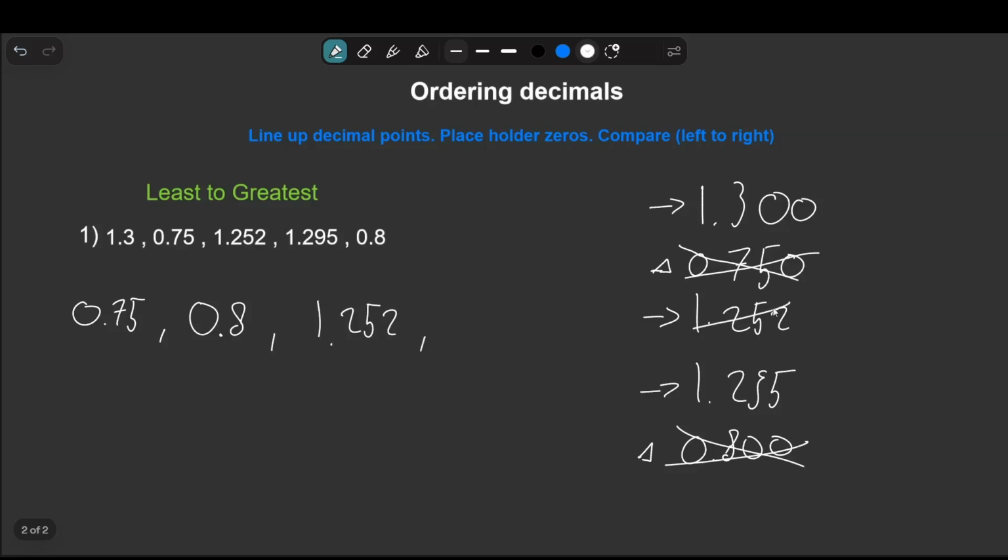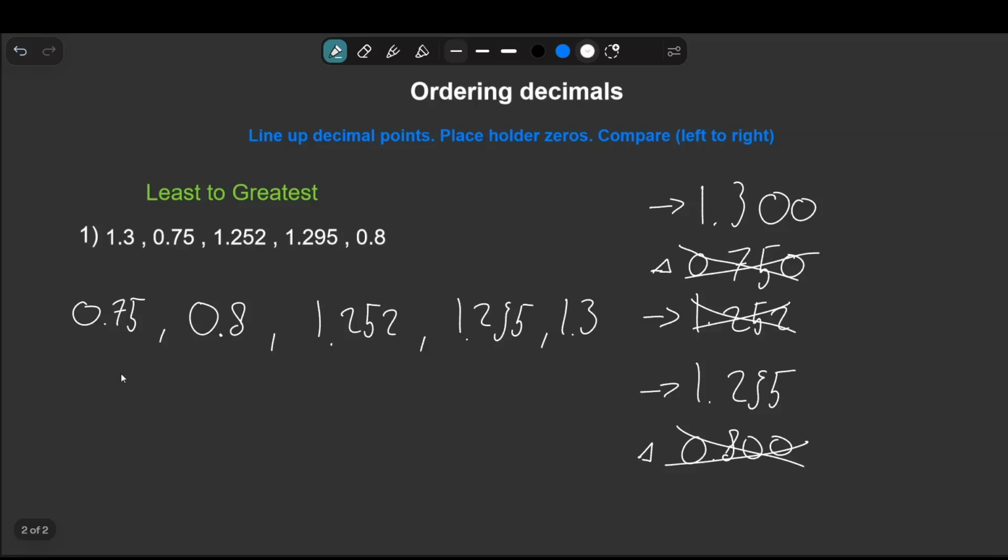Now again we can cross it off and look at the last two. We have a 1 and a 1, the decimal lined up, a 3 and a 2. Now already we can see that this one is larger, so we put this one, 1.295, and the last one is 1.3.